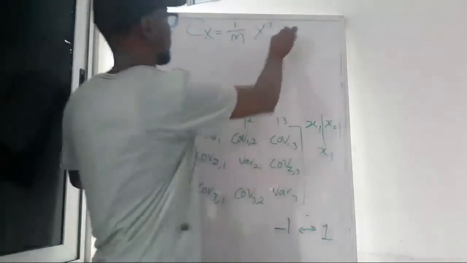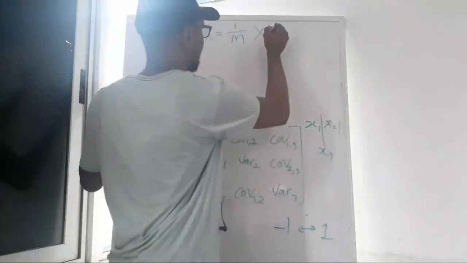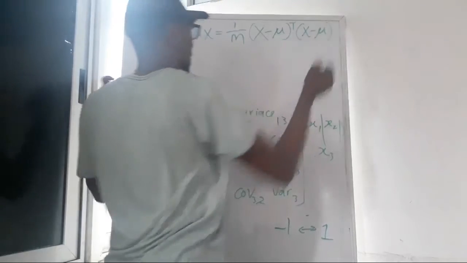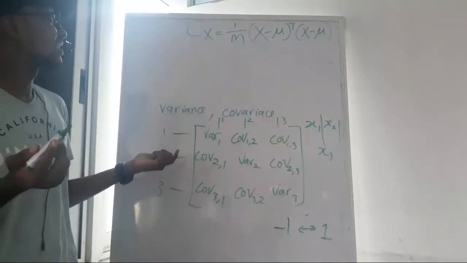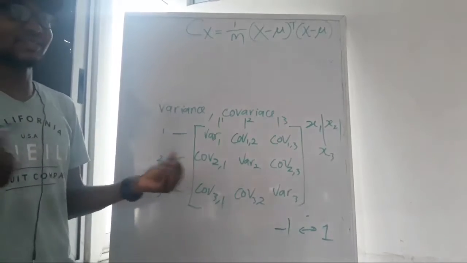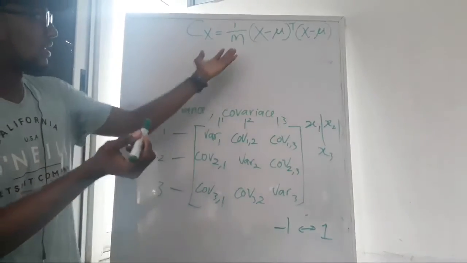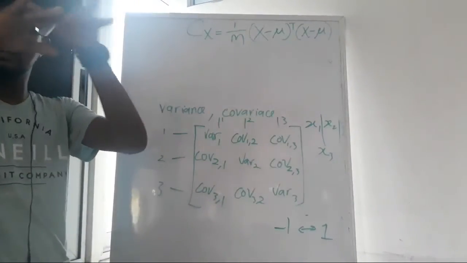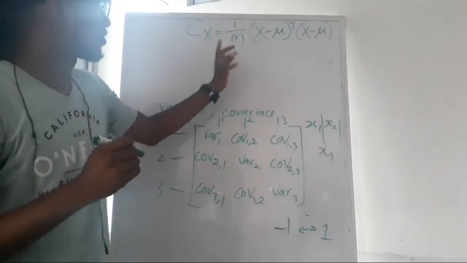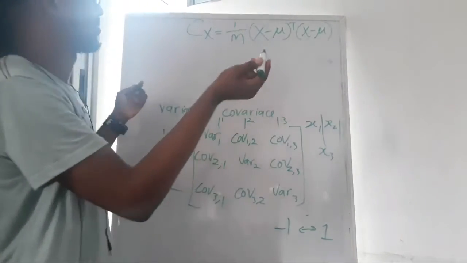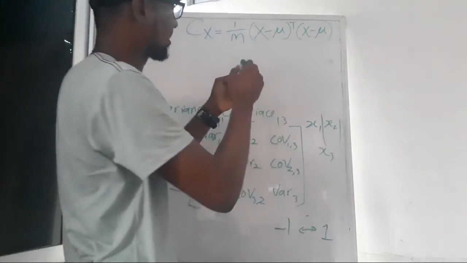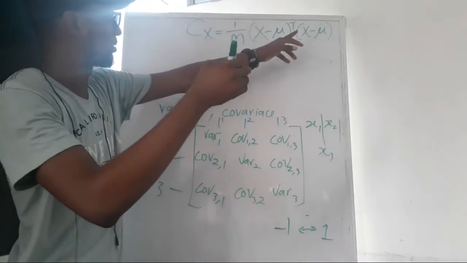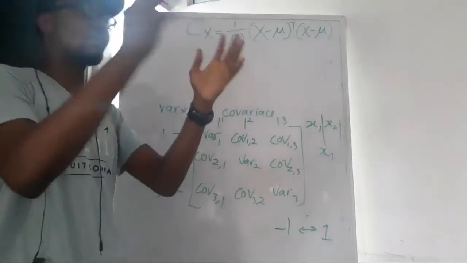But mind you, it's going to be something like this, right? Because this is how you find covariance, like deviation from the mean. Those of us familiar with linear algebra and matrix multiplication discover that this is just some summation of everything, a sum of products.